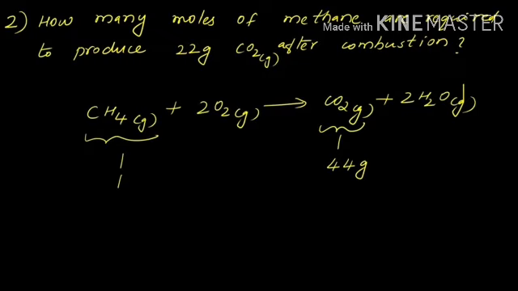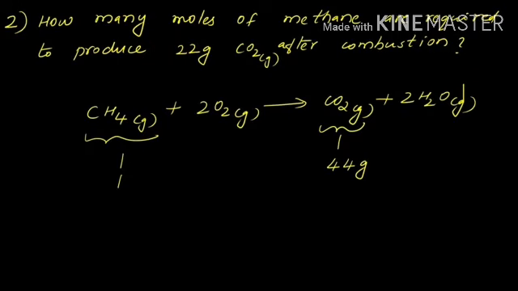Whatever information is given in the question, you have to write it like that. You need to find methane in terms of mole, so I wrote 1 mole. The data given in the question is in terms of gram of carbon dioxide, so I wrote 44 gram itself.